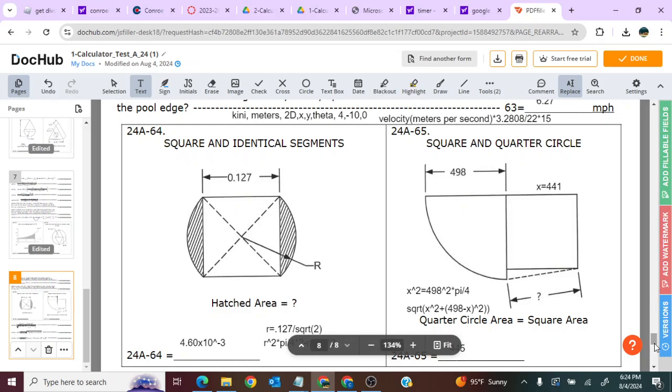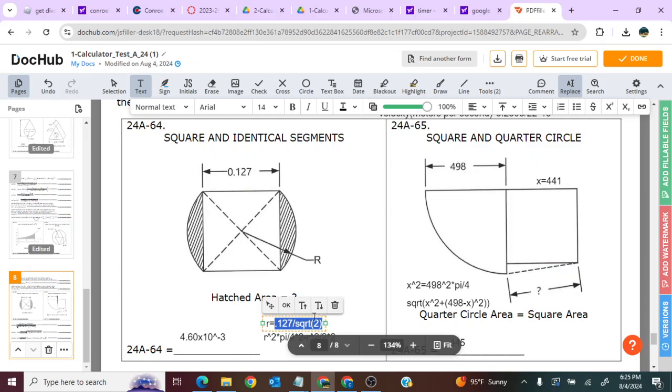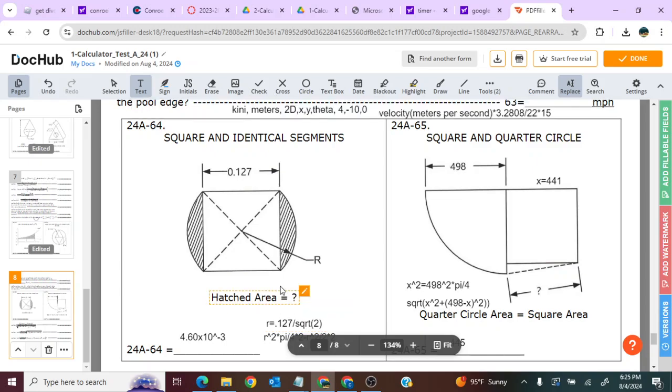64, square and identical segments. Okay, in this case, you need to figure out this R value. This is pretty simple. It's an isosceles triangle. So this side right here is going to be equivalent to this side divided by square root of 2, which is equivalent to your R. Then once you have that, you have to do circle minus triangle to find the hatched area.